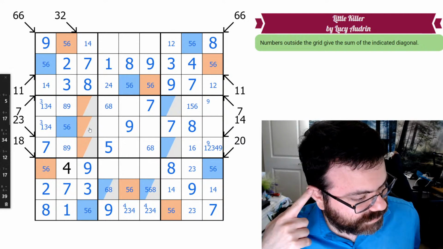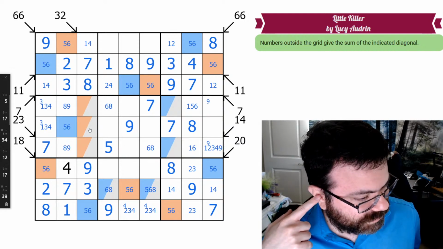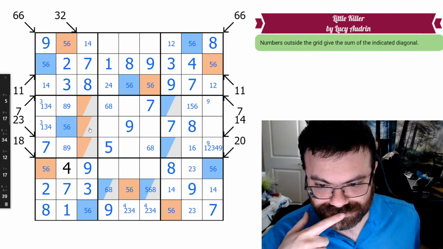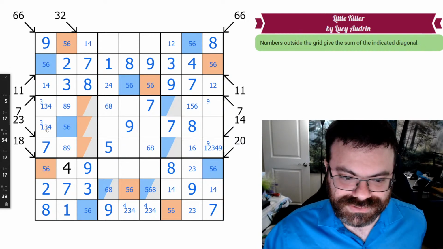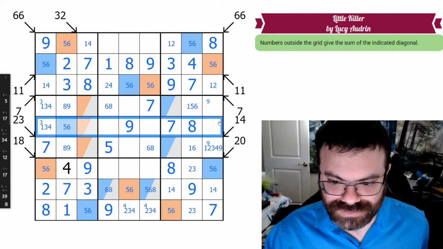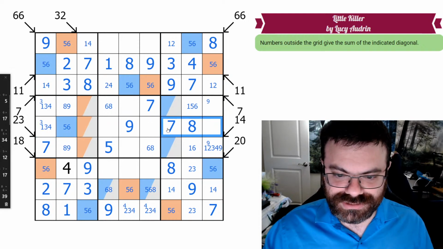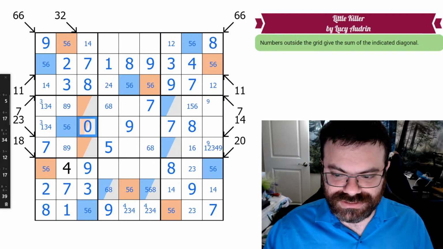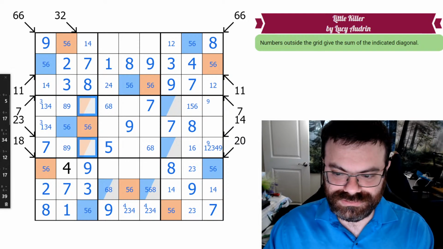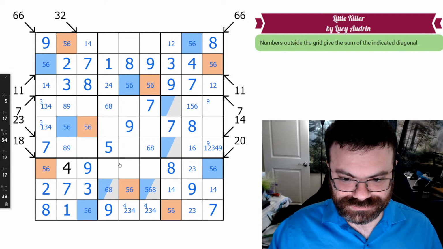Needs to be row 4, 6. Okay, so where does orange go in the row, I guess, is the question. Can't go here, here, here, here, here. Can't go here because we already know what's in these corners. So this is a hidden orange. Those are not orange.